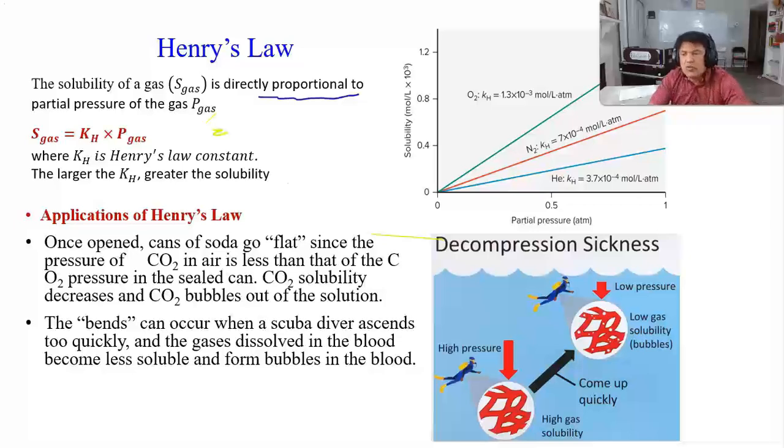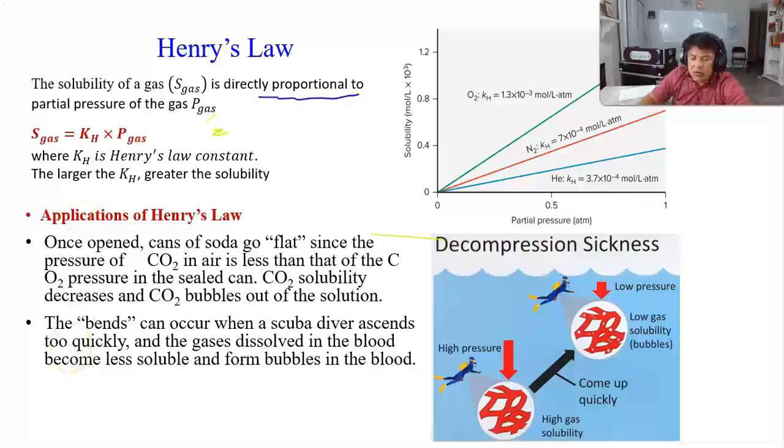Last time I showed you the soda water, right? If the partial pressure of the gas increases, the solubility of that gas also increases. So the formula is: solubility of gas in the liquid or water equals Henry's constant times the partial pressure of the gas.